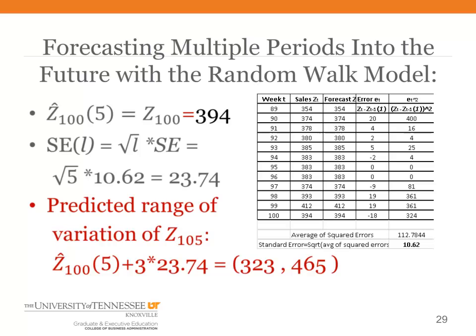So what we would literally be saying is we're fairly confident that the actual demand for week 105 will fall somewhere between 323 and 465, and that's the statement that we make at the end of week 100 after we have just observed the demand for week 100.